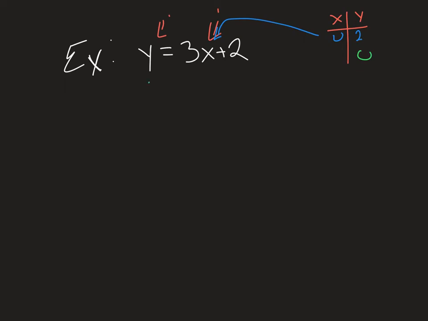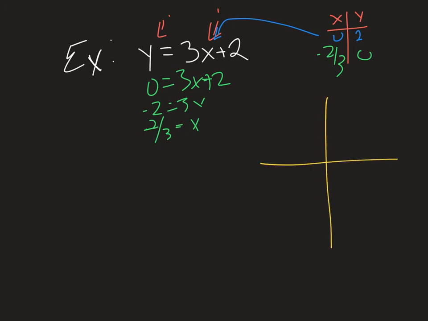Okay, now we're going to do 0 equals 3x plus 2 for our x-intercept, which means we will subtract 2, and x is going to equal negative 2/3, which that's okay, it's a fraction, it's fine. So, we'll go to our graph, and we'll give ourselves some points.